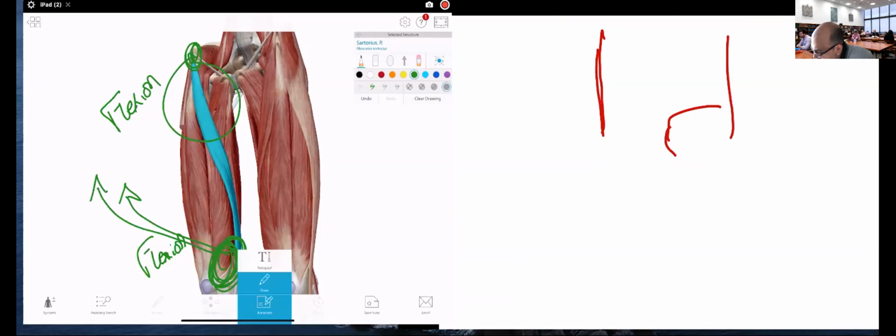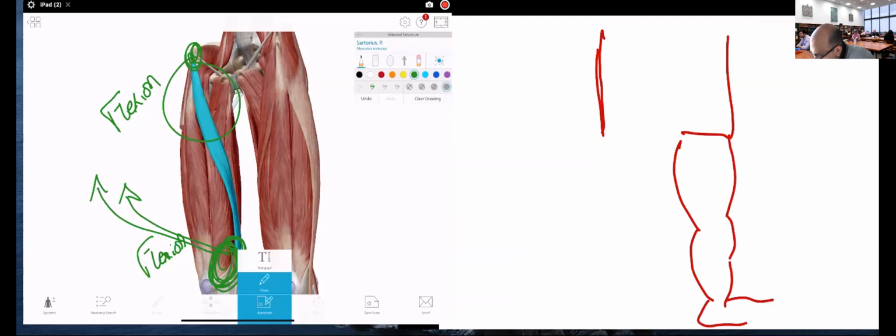All right, so let me draw this again. This is the thigh like this. This is the knee. So here, this is the action. I'm drawing here the action of the sartorius. It performs flexion of the thigh. I have a reduction of the angle of the thigh. And flexion of the knee.